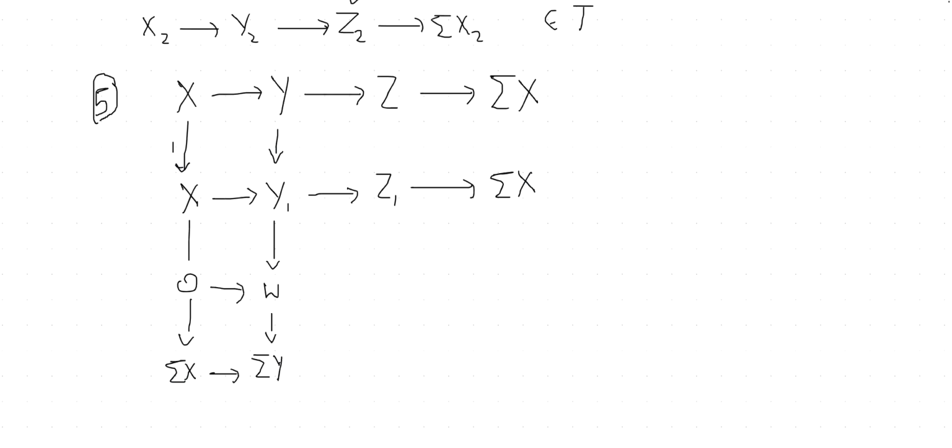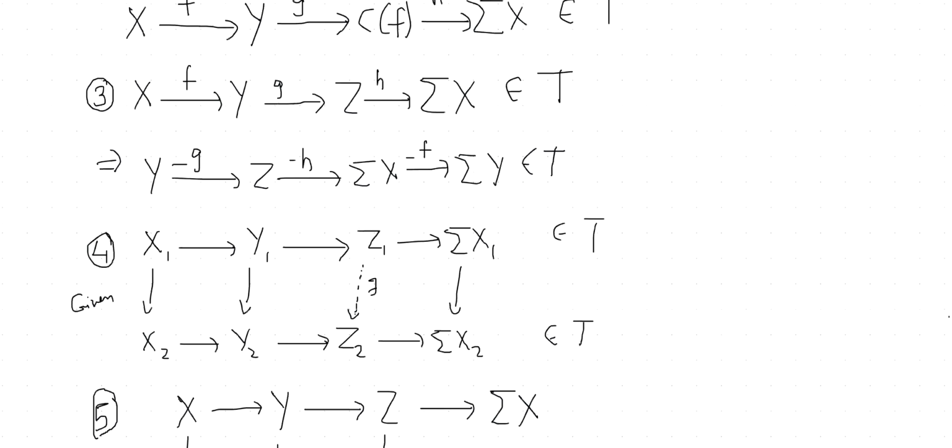Suppose this situation is given, then of course this morphism Z to Z1 is there. By the second axiom, it can be completed.